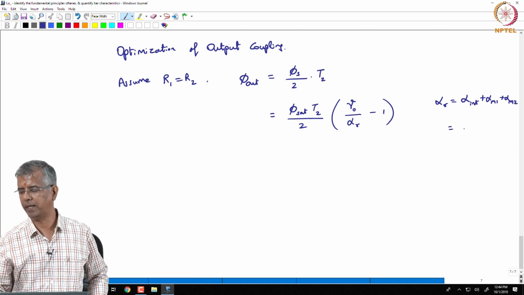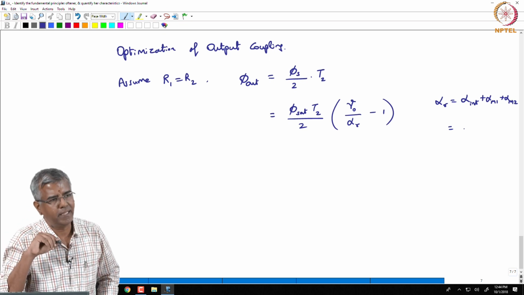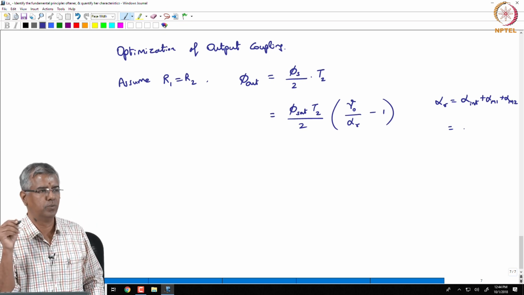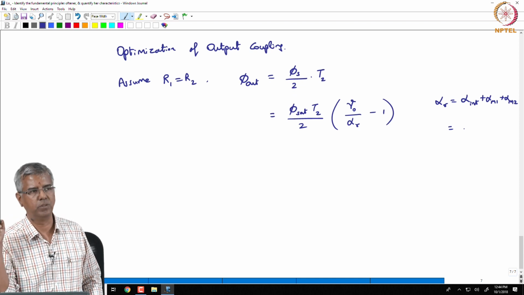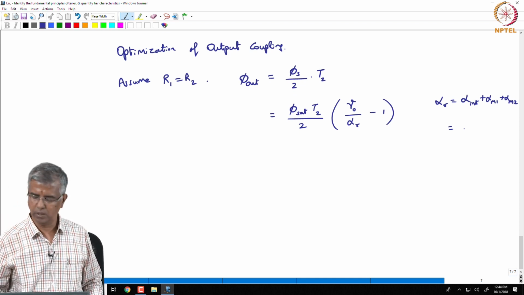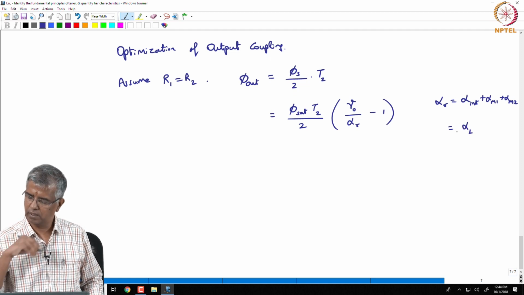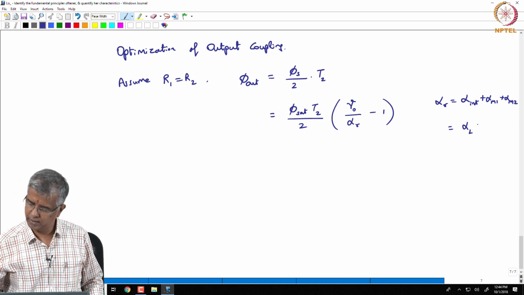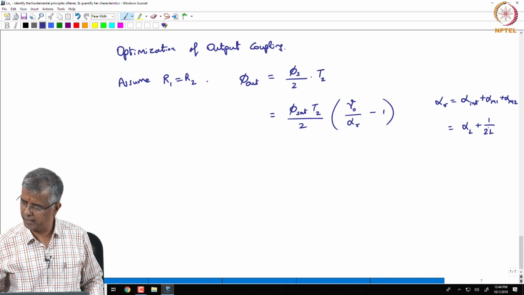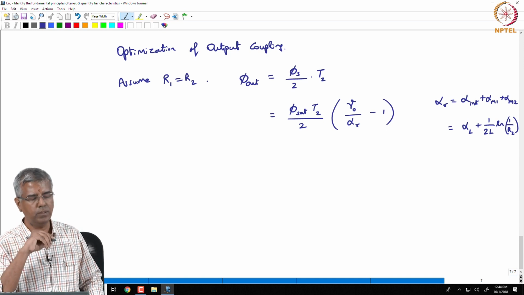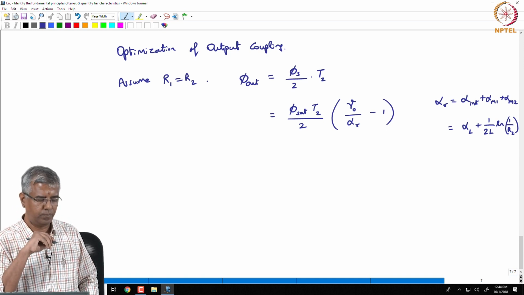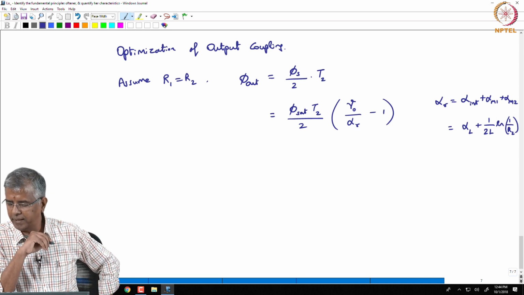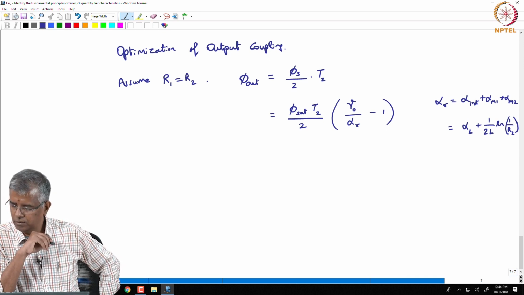I want to isolate alpha m2, because that is what I want to optimize. So, I can basically say this is alpha int plus alpha m1, which is alpha L, and alpha m2 is 1 over 2L ln of 1 over R2. And for R2, I can write 1 minus T2.